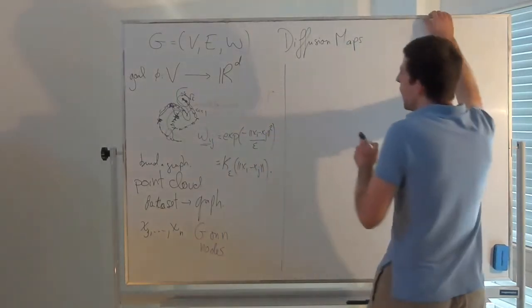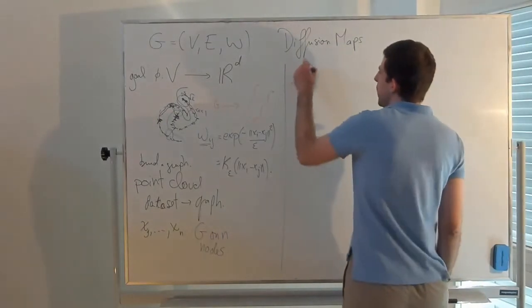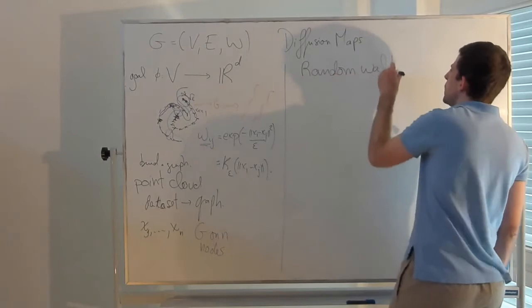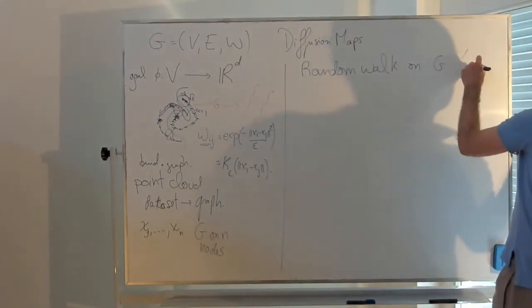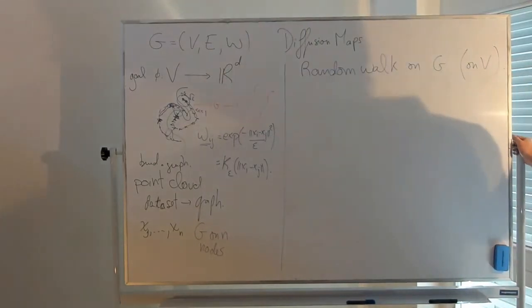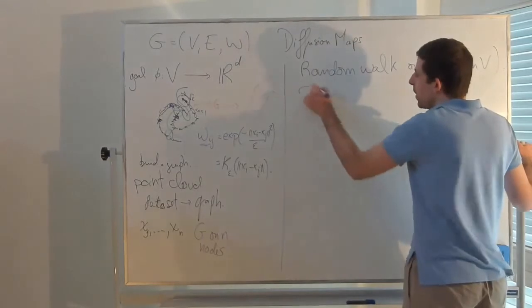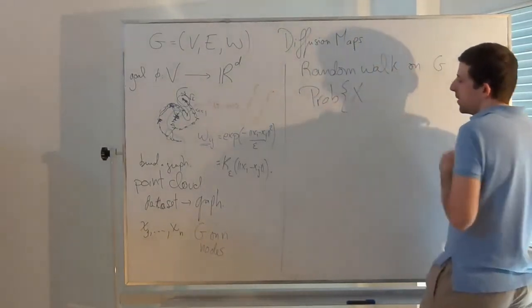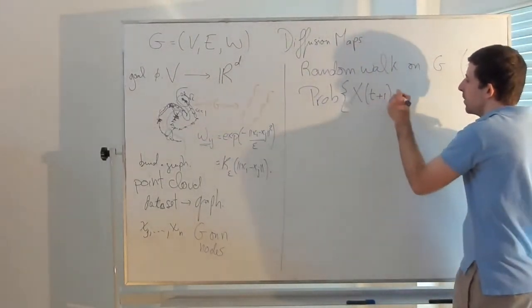So we're going to define a random walk on the graph G, but in particular on the vertices of the graph. This random walk will be defined the following way. Here x is the position of the random walker at time t plus 1.